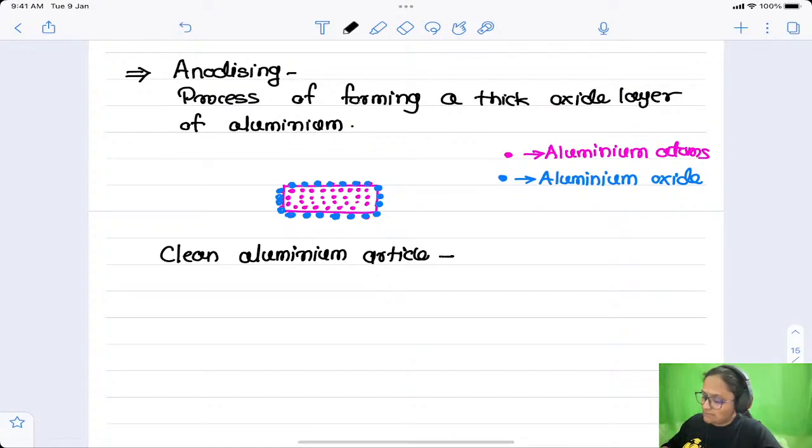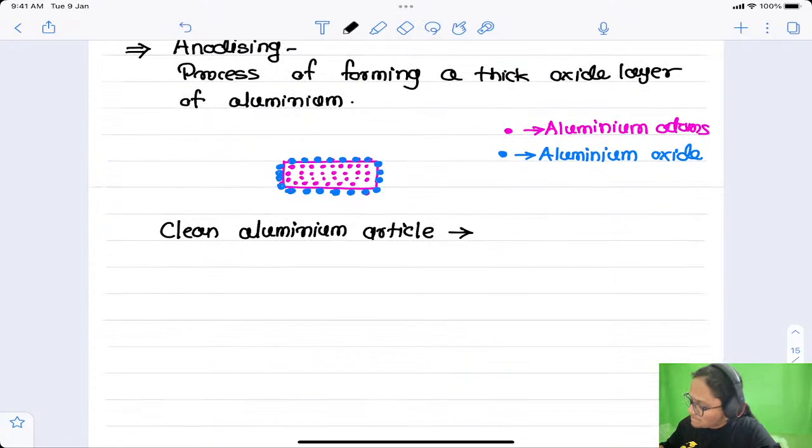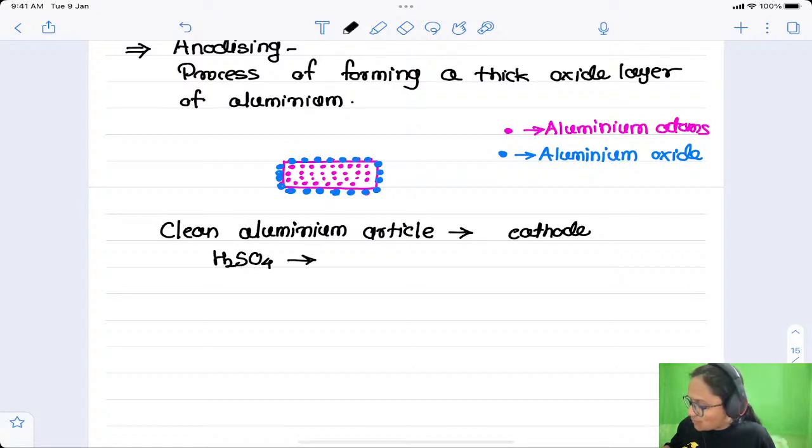The clean aluminum article is made cathode and H2SO4, sulfuric acid, is made anode, right?